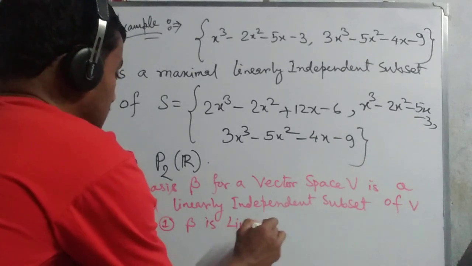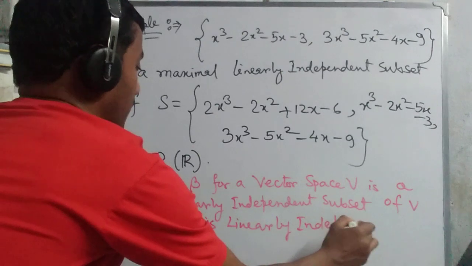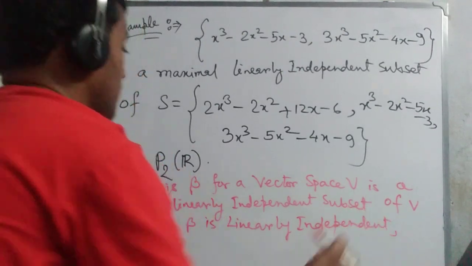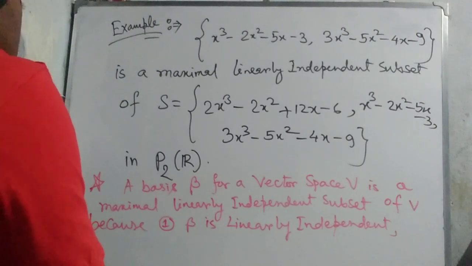Beta is a basis, so it is linearly independent, okay. That means a basis is a maximal linearly independent subset.